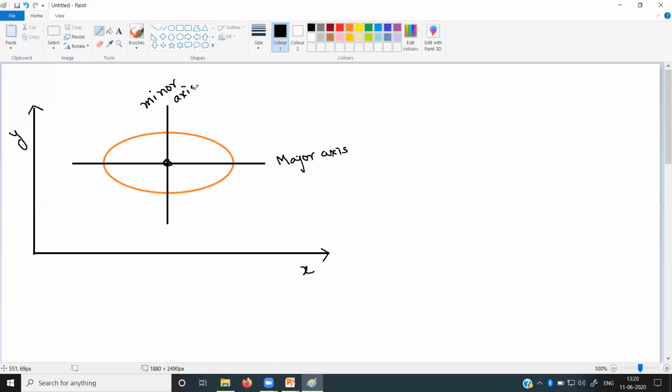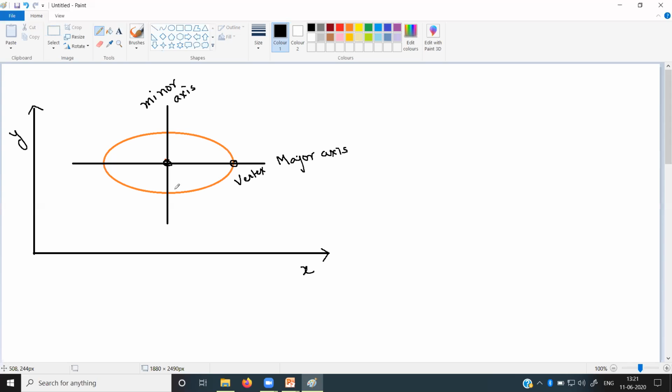Now, apart from that, you can see the major axis intersects with the arc of the ellipse at a point, and this point is called the vertex. Through this point, the major axis intersects with the ellipse. So this point is called the vertex.